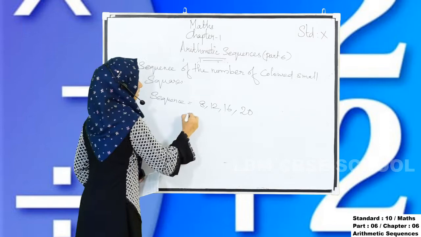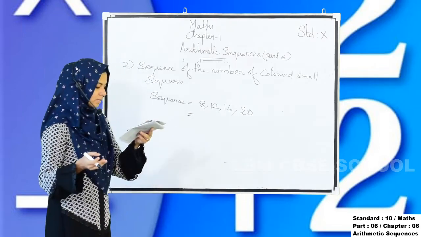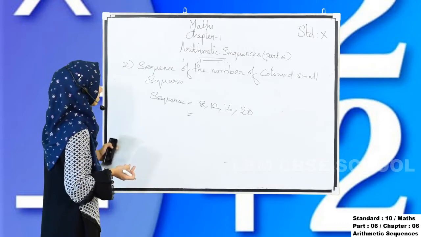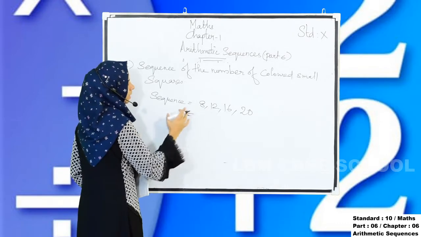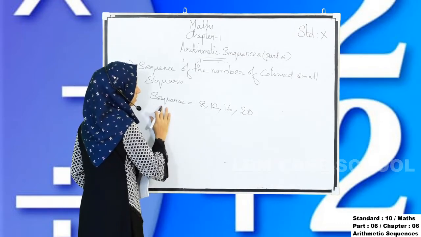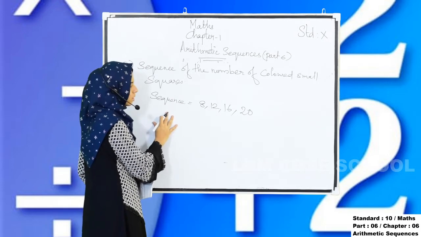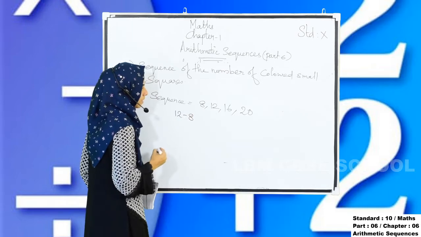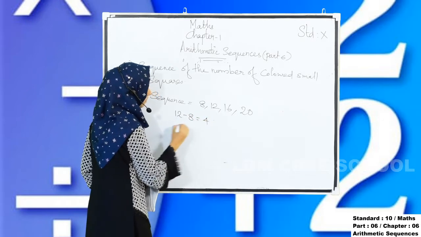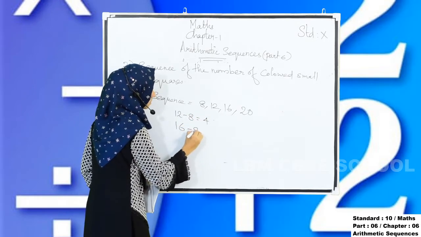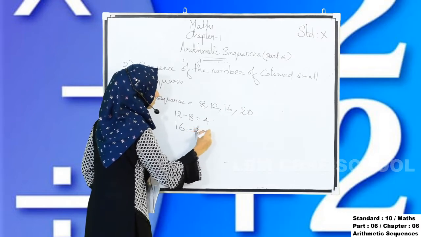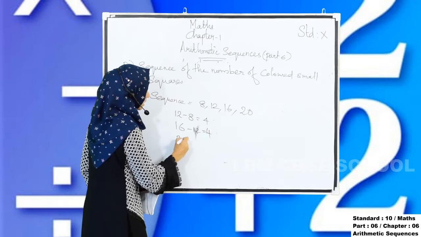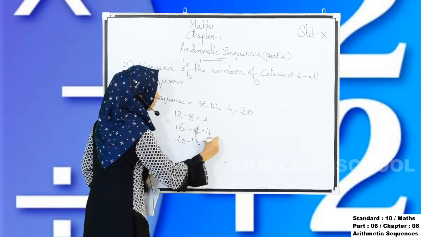Then we have to check whether this is an arithmetic sequence or not, and give the reasons also. So here, how will you check if it is an arithmetic sequence or not? We subtract the first term from the second term. We will get 4. Then third term minus second term, what? That was also 4. Then 20 minus 16, that was also 4.